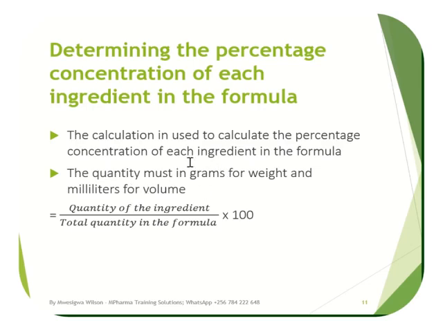However, if I'm having milligrams and milligrams, it can remain in that. To calculate the percentage concentration, it is almost the same as coming up with the quantities in the working formula: quantity of the ingredient divided by total quantity times 100. As I told you, I don't put 100% here, it's just times 100. It is your answer which gets the percentage. And this answer should have a unit.